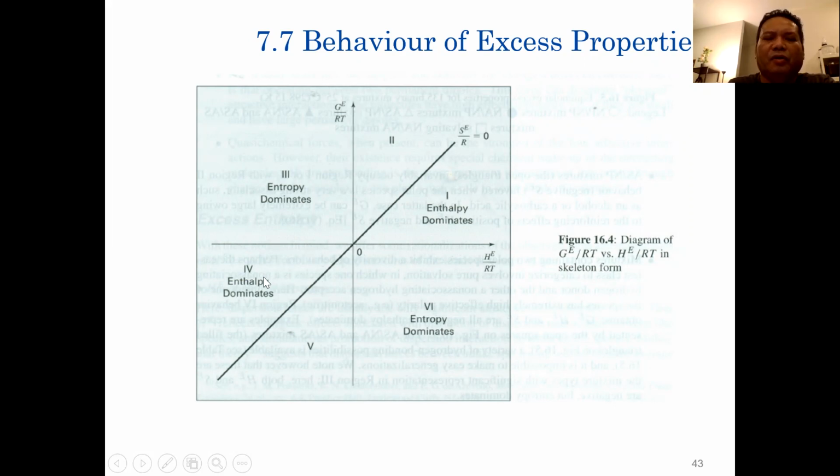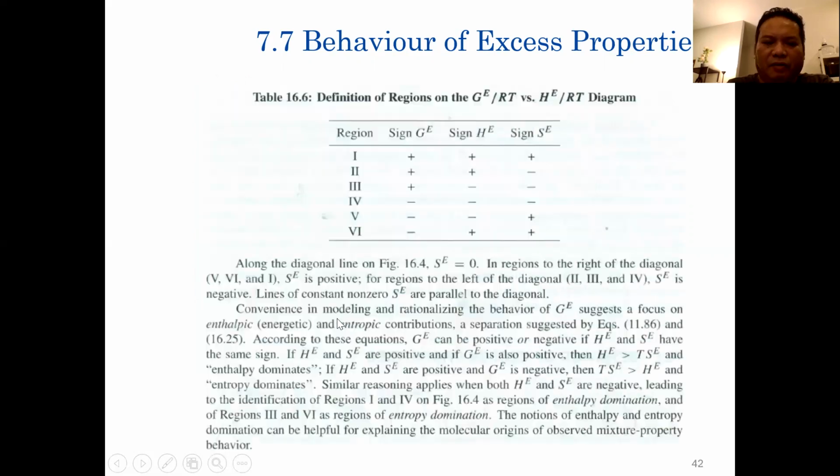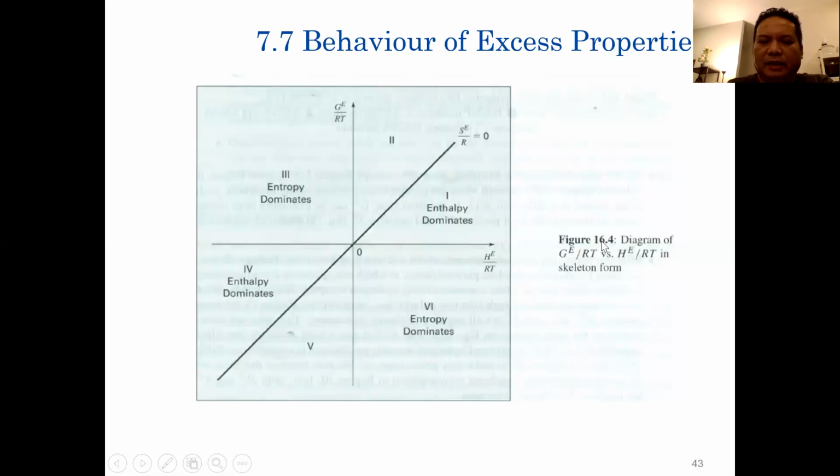Region 4: GE, HE negative, and SE also negative. Region 5: GE negative, HE negative, and SE positive. And the last, region 6: SE positive and GE negative, because it's below 0.